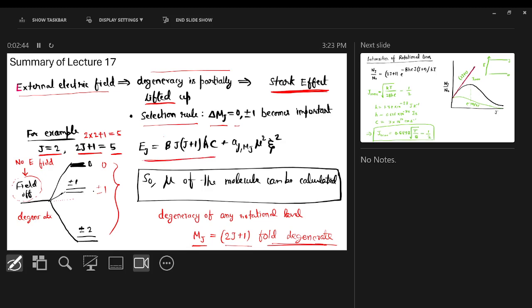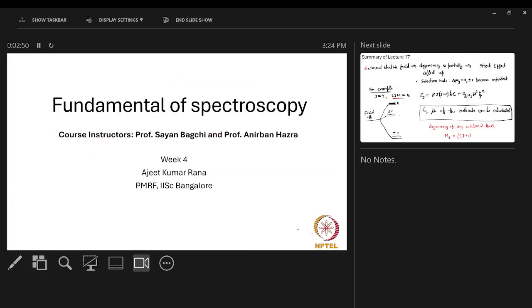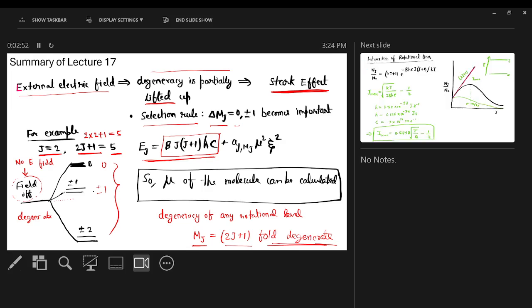The first term is nothing but the energy without any electric field.